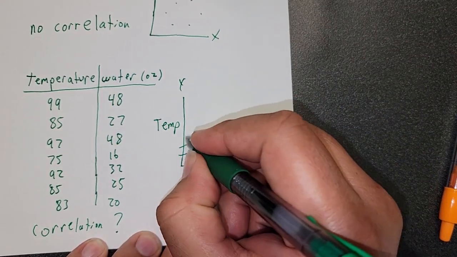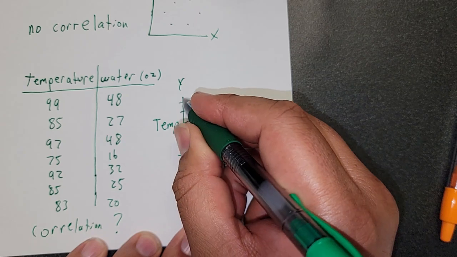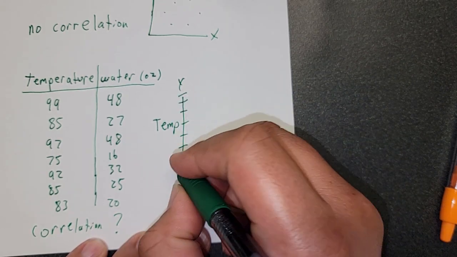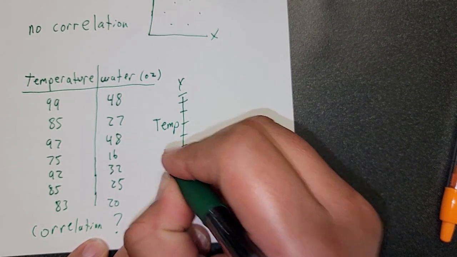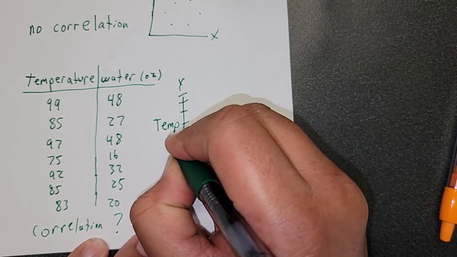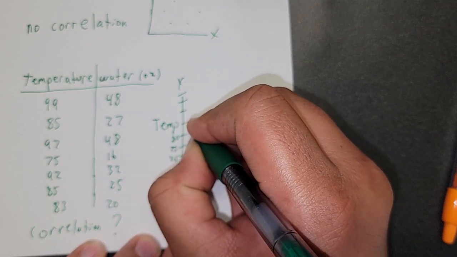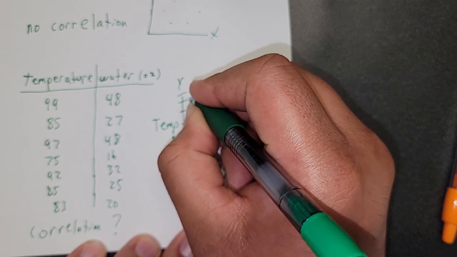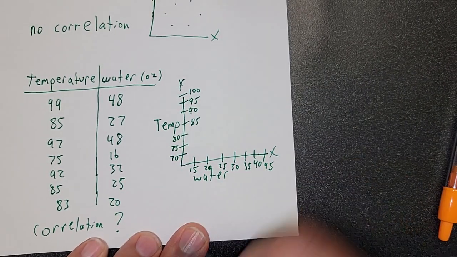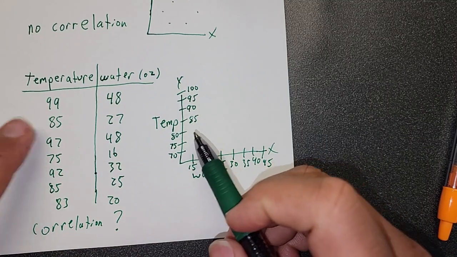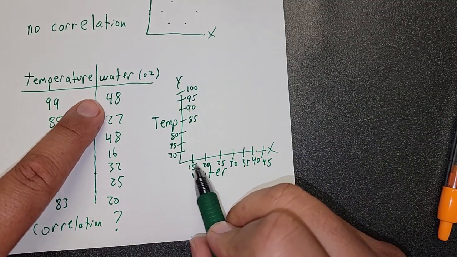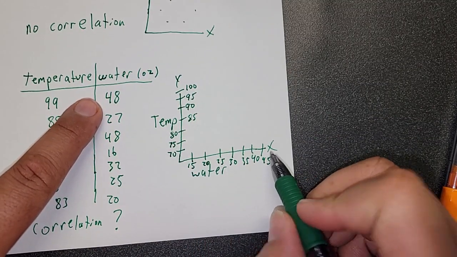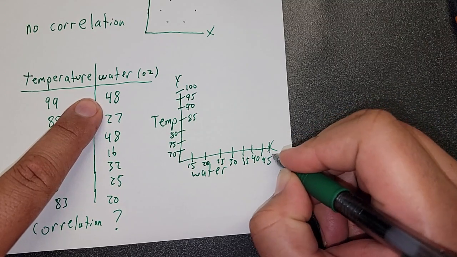On this side, let's start off at like 70, 75, 80, 85, 90, 95, and 100, okay? So if I do 48, which is like over here, let's call this 50 over here.